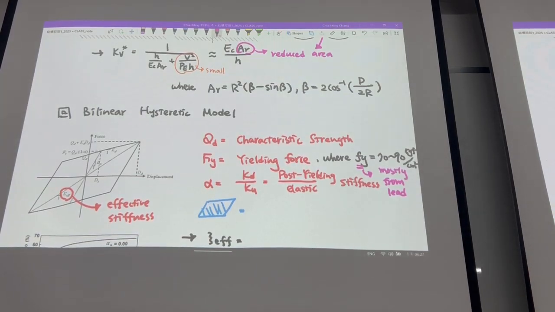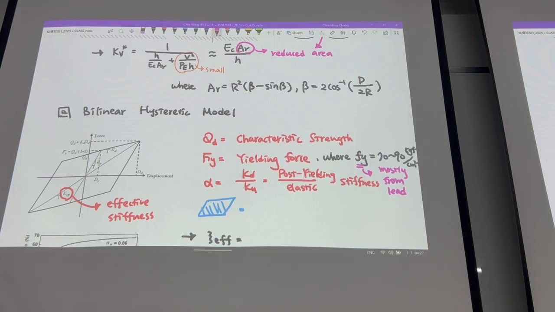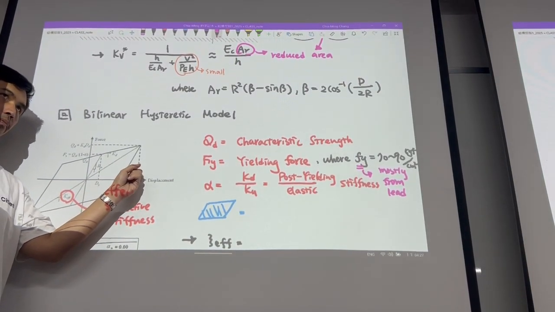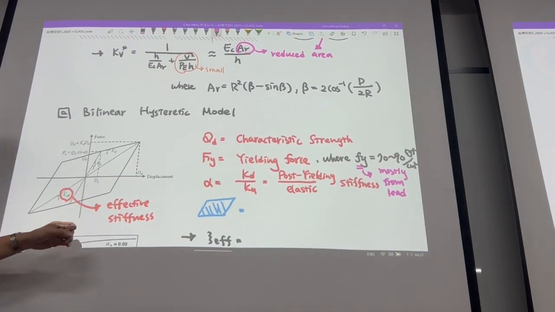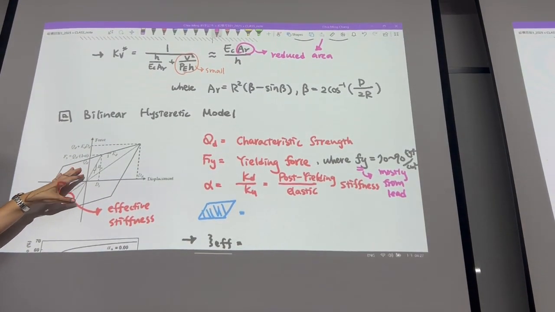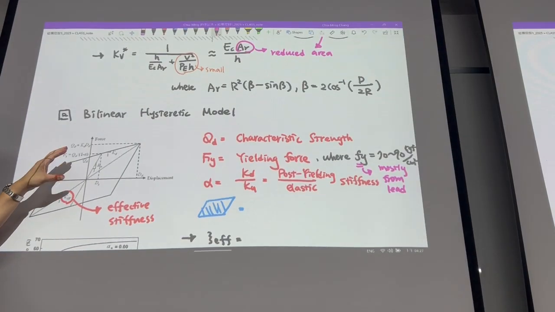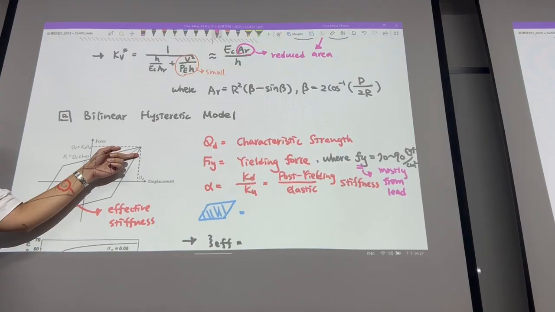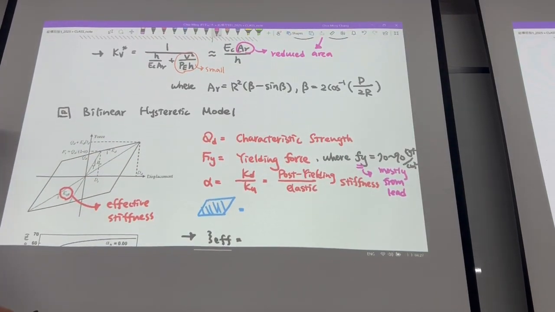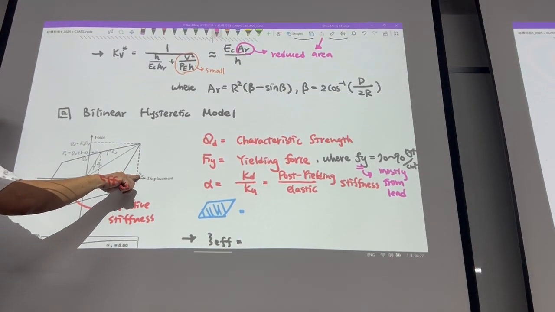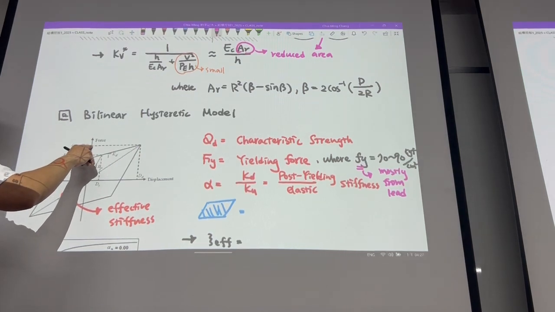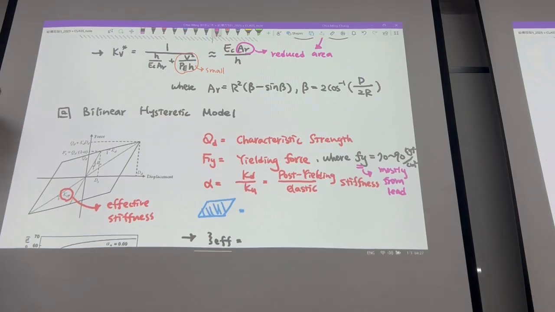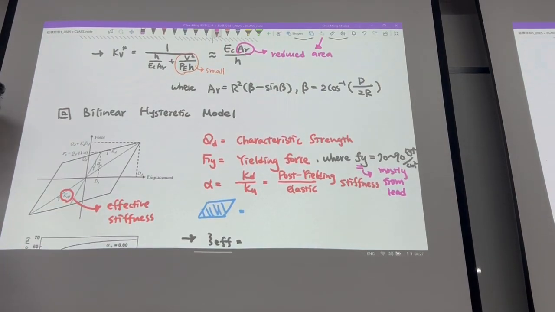So when you do the design, one of the keys is that once we know your design displacement, then we can simplify this bilinear hysteresis model into a linear one. Okay? So use this DD and its corresponding force, then you can calculate the equivalent stiffness when you do the design.